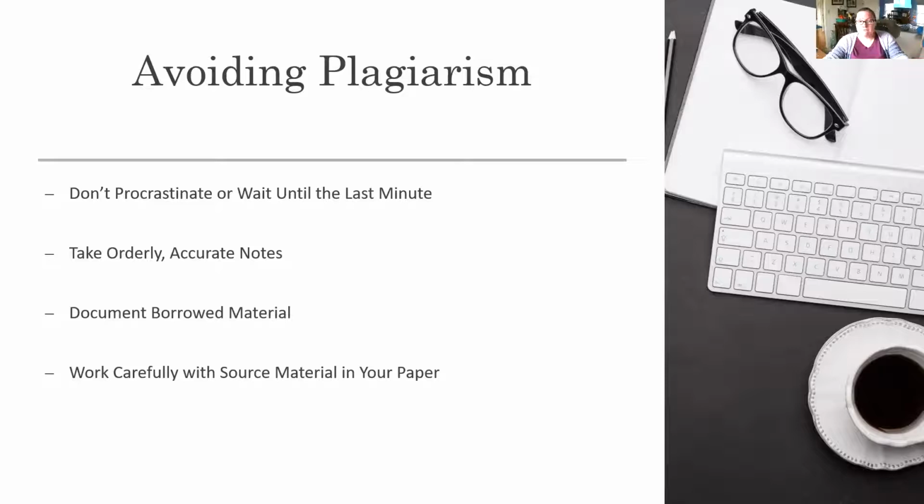Document any borrowed material that you use. Make sure you've done it in your notes, and then make sure you do it in the essay. Even if you're not sure how to do it yet, even if you're still struggling with how to do a correct citation, try to do something to make it clear that that information came from a source.